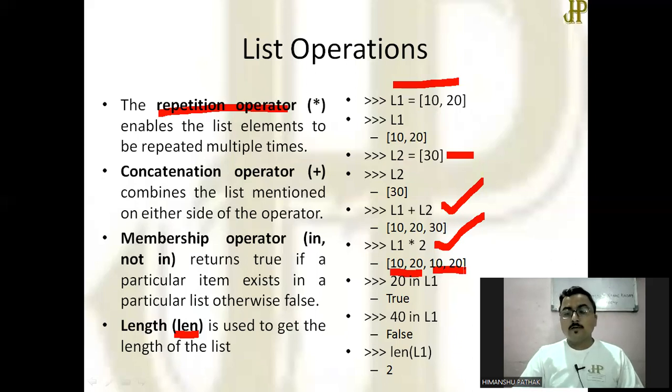Now I am going to check whether any value is a member of the list or not. 20 in L1, yes, 20 is present, so the Boolean value True is printed. 40 in L1, no, False will be printed. And what is the length of L1? It is 2.